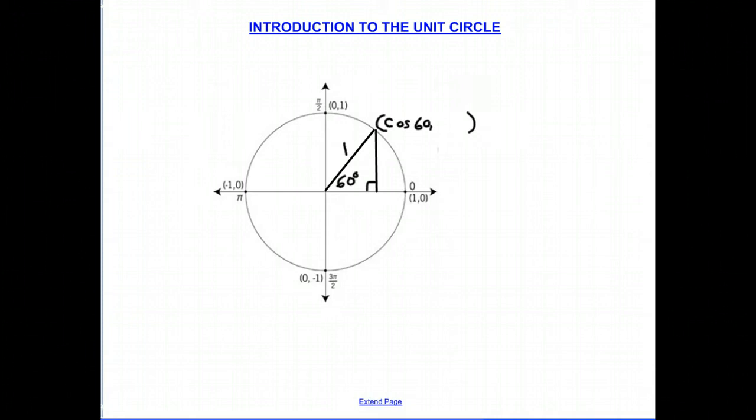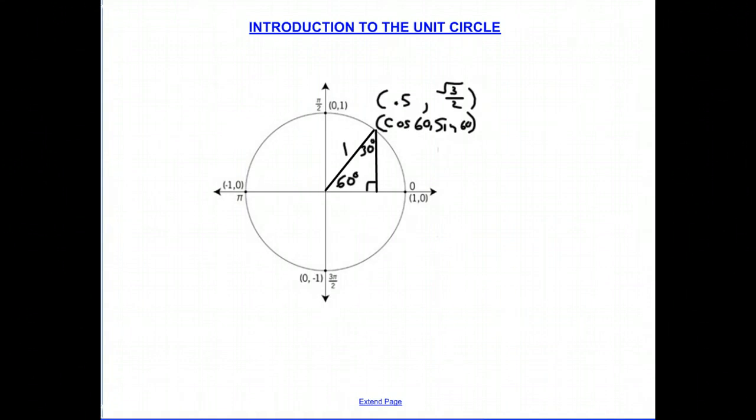And we know that the cosine of 60 is a half. We're just going to put 0.5 right in there. And we know that the y value is the sine of 60. And we have learned previously that in our special right triangle, which is a 30, 60, 90 right triangle, the sine of 60 is the square root of 3 over 2. We could put the square root of 3 over 2 here. Keep in mind, this is a 30, 60, 90 right triangle, because if one angle is 60, one angle is 90, then the other one has to be 30.